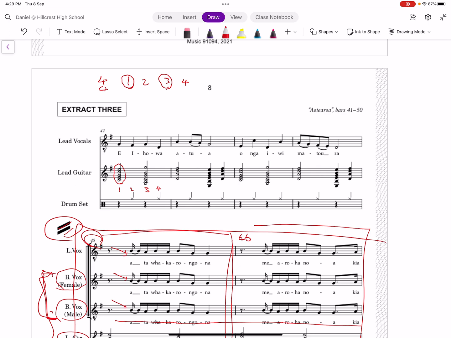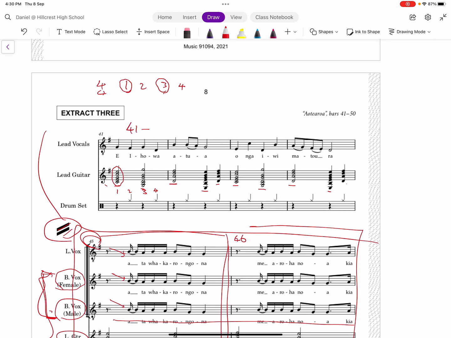So if you come in 1, 2, 3, 4, 1, 2, 3, 4, kind of predictable because it's repetitive, but also very steady. So I would say bars 41 to 44, very steady rhythm.